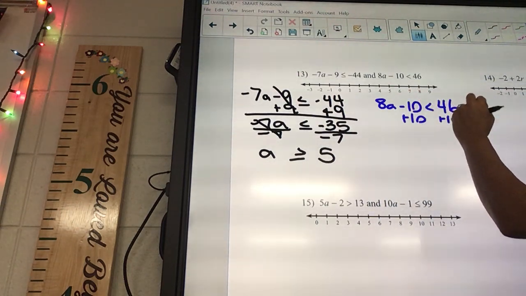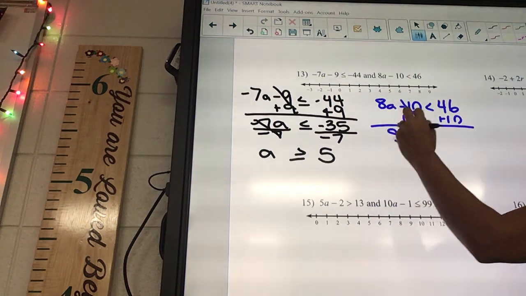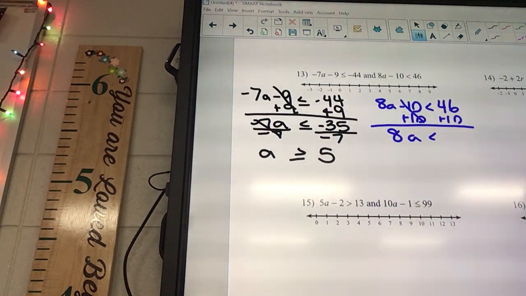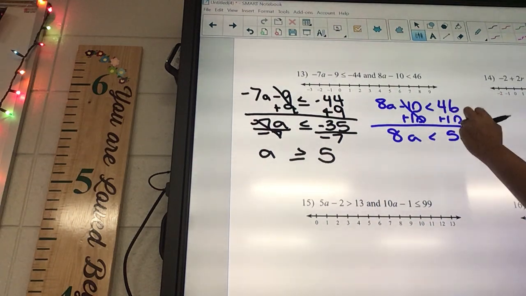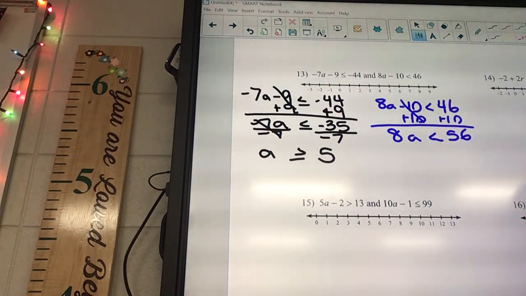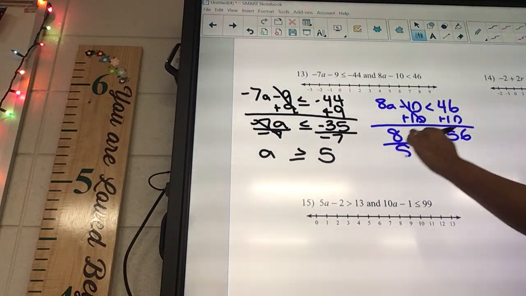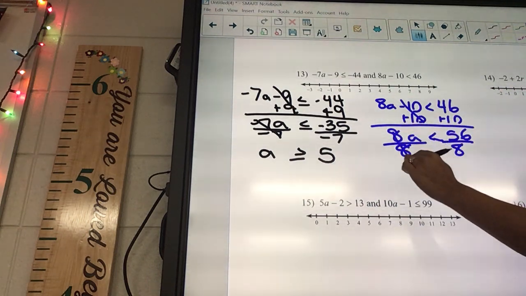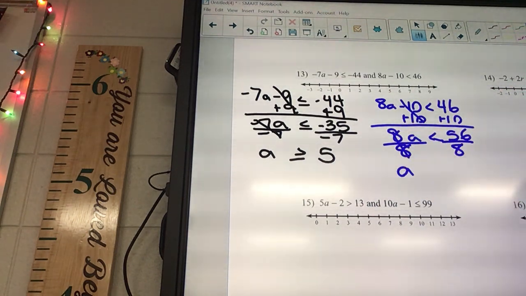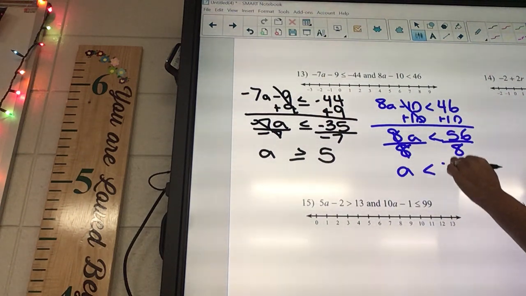Okay, what is 46 plus 10? 56. Okay, how do I break up that couple? Divide. Do I need to flip? No. What is 56 divided by 8? 7.